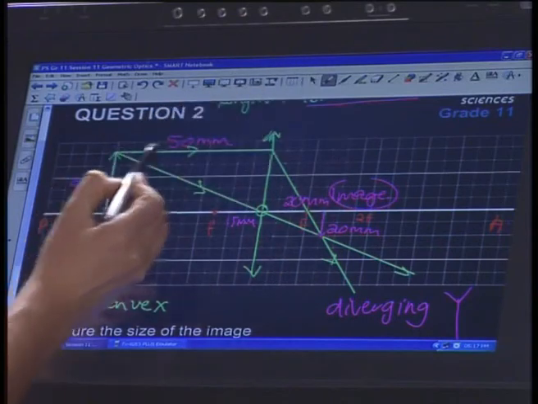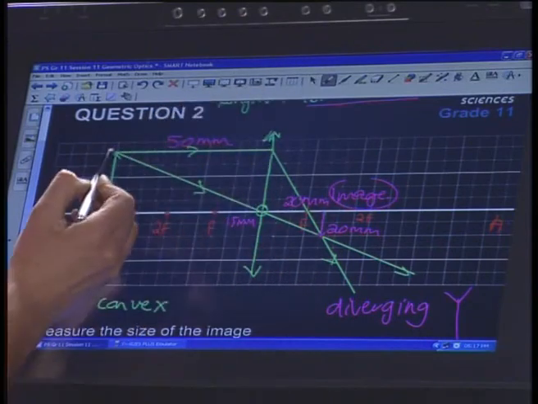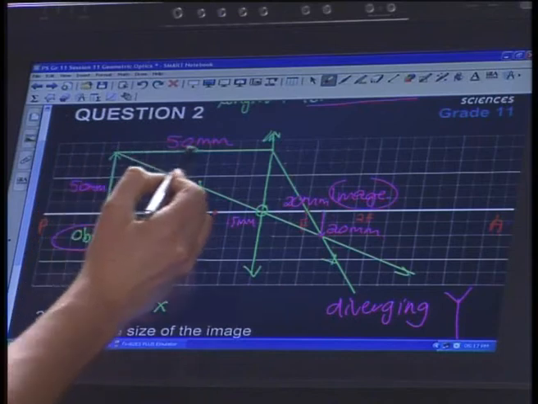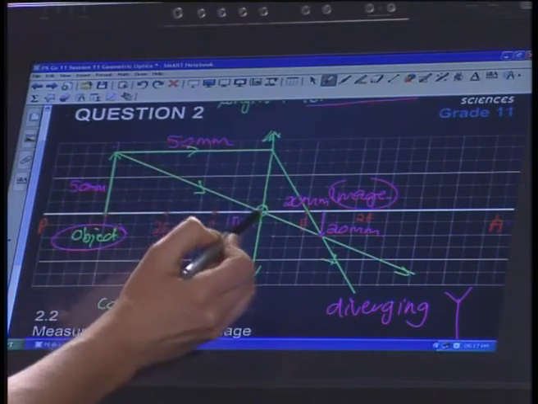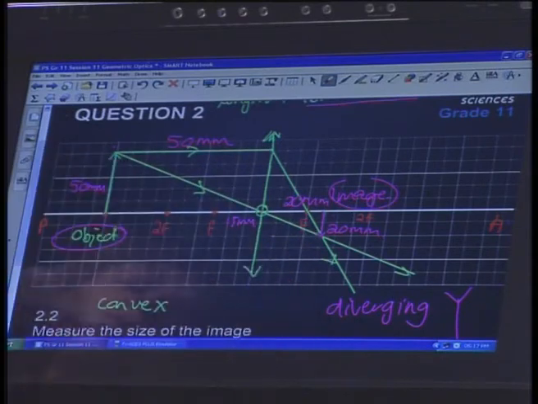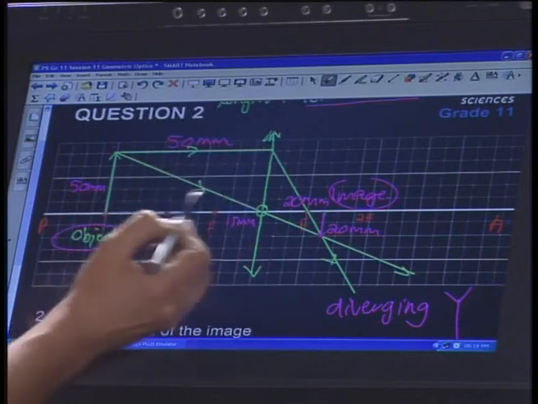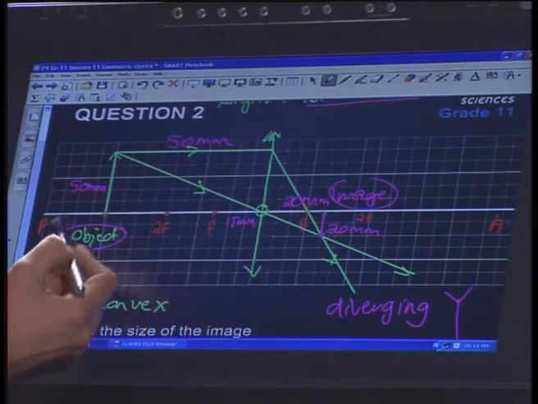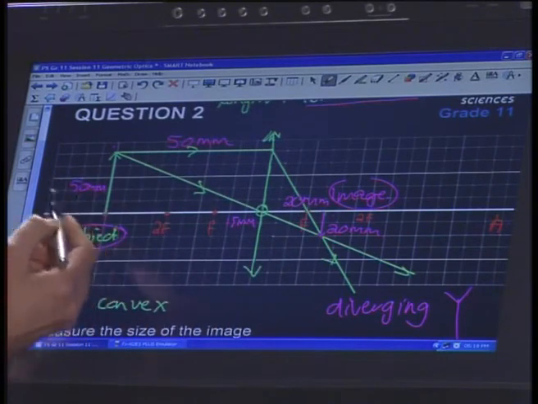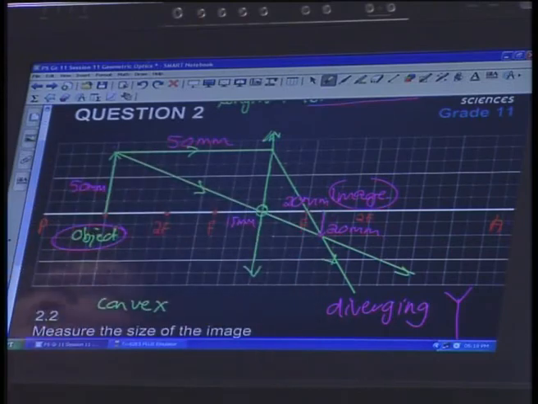Your ray diagrams, the light rays that move from your object, the first one moves parallel and the second one goes through the optical center until the point where they cross each other. You've also included the distances that the image is from the optical center, and over here you've included the height of your object and your image. So that is all the information.